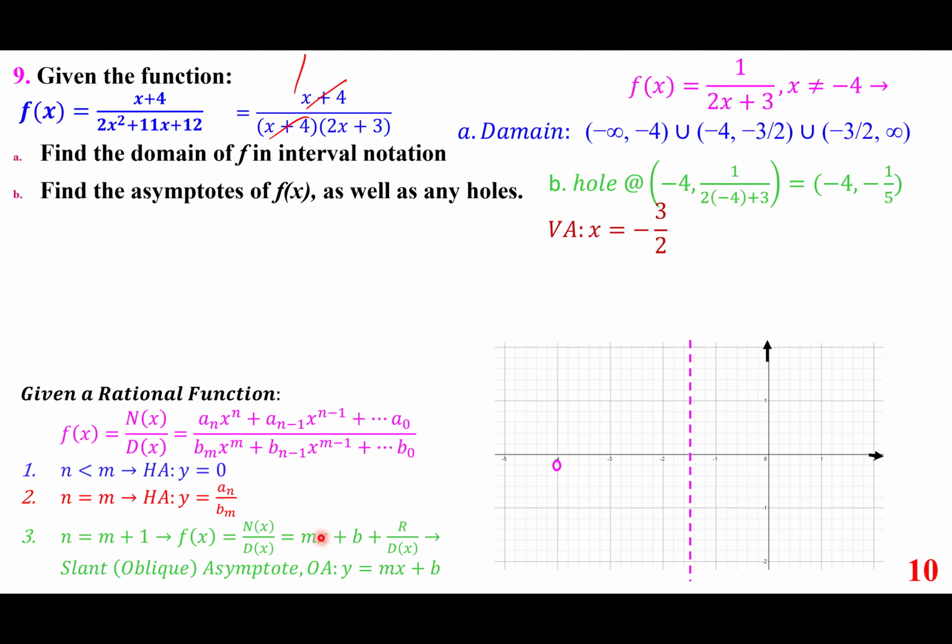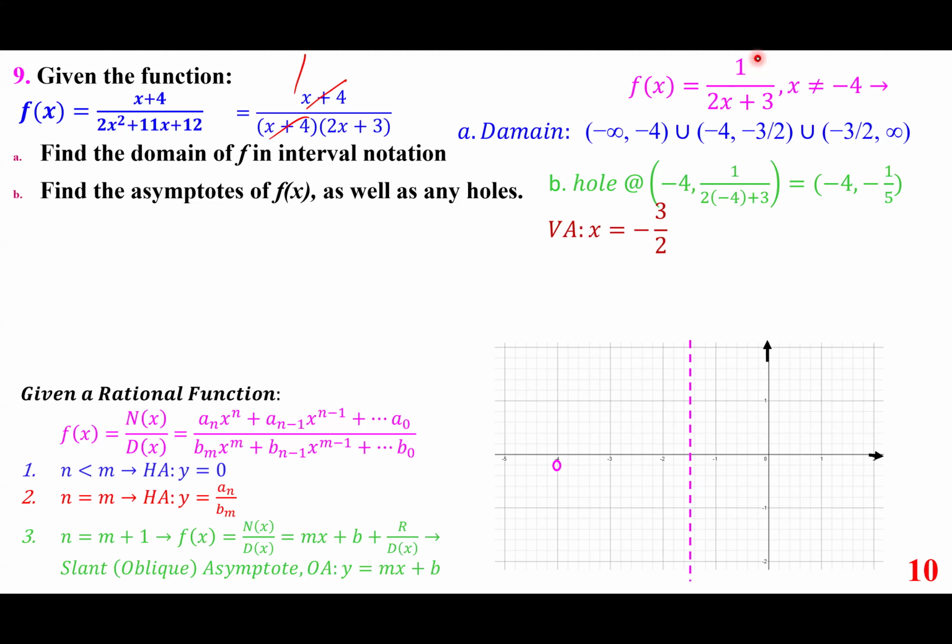Because the difference is only 1, the answer is a linear function. The quotient is a linear function, and then remainder is just a number. Then this piece, y equals mx plus p, is called the slant or oblique asymptote.